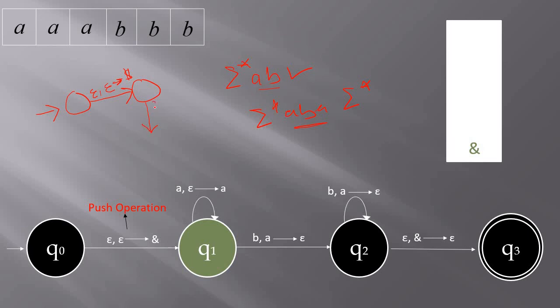If A comes, you have to pop something and push something, though the pop can be epsilon and the push can be epsilon. So the logic you have to design.